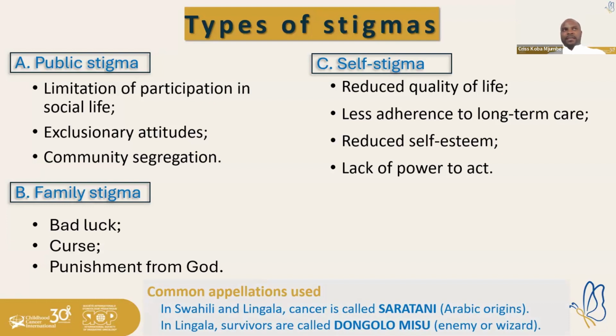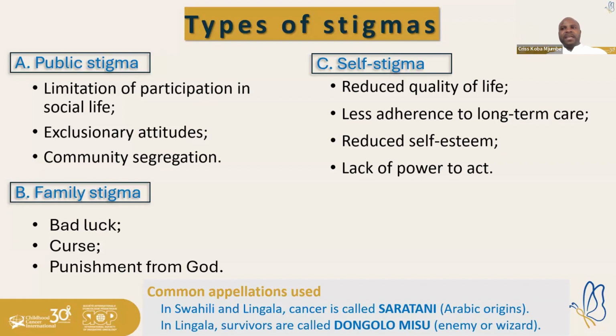Saratani is a name of Arabic origin, and the people who survive cancer, in Lingala, we can call them Dongolo Bisu, like enemy and wizard. That is the name we call in this country those who survive with cancer, among the people who speak Swahili and Lingala.